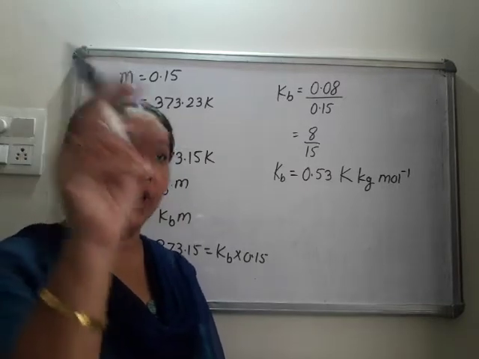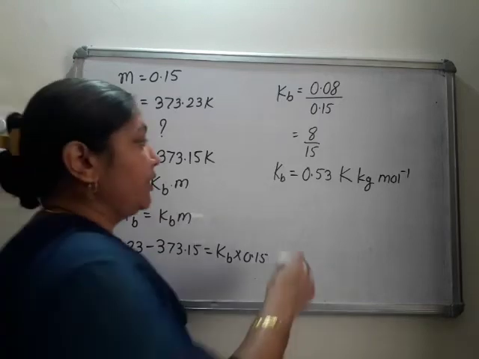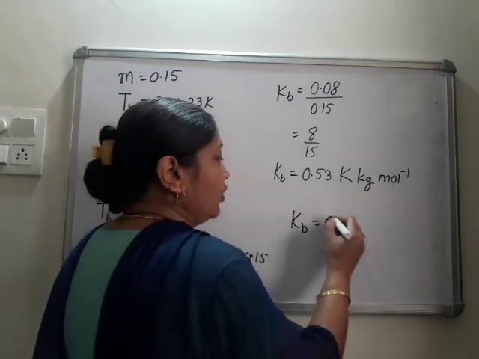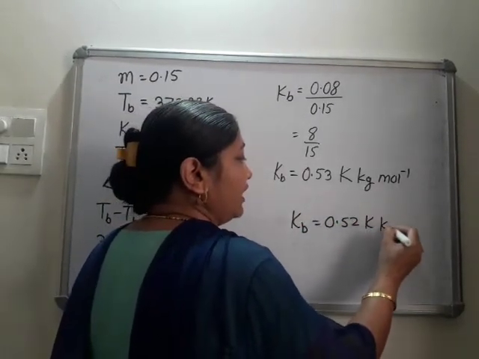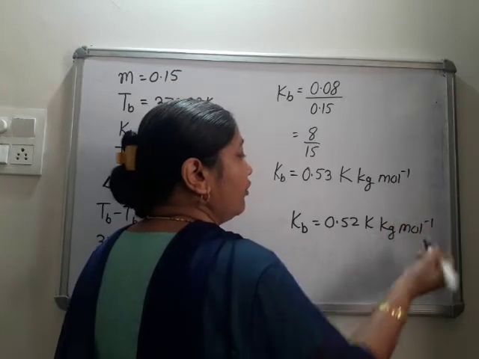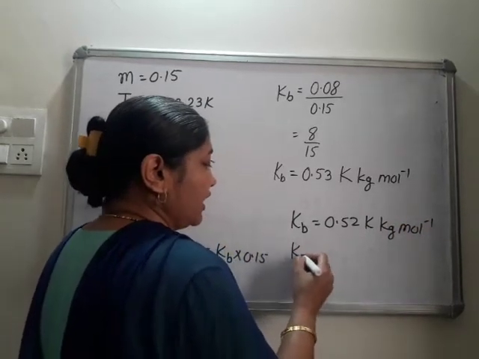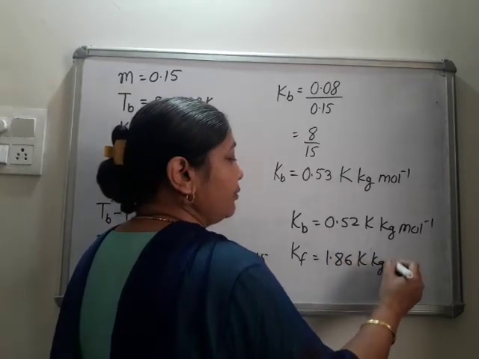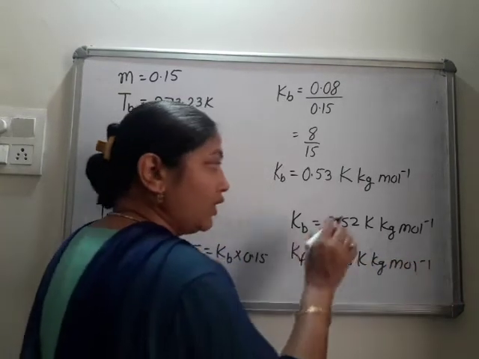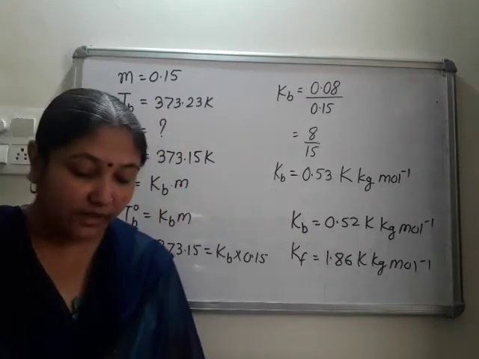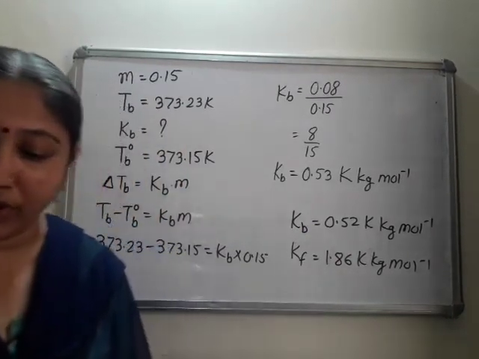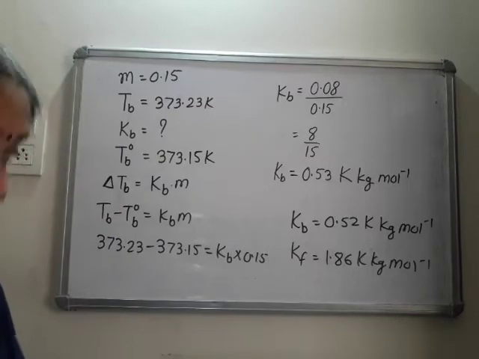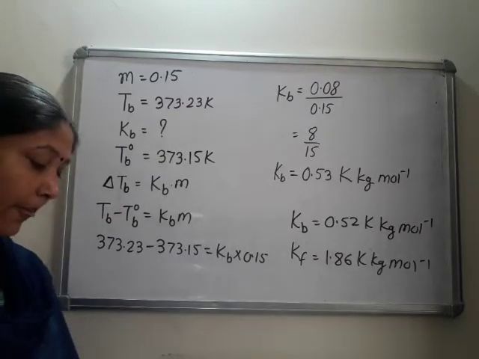Kb is equal to 0.52 Kelvin kg per mole for water. And Kf is 1.86 Kelvin kg per mole for water. Both values are for water. Characteristic value of solvent. And most of the times we use solvent as water. So these are standard values. Okay. Next question.